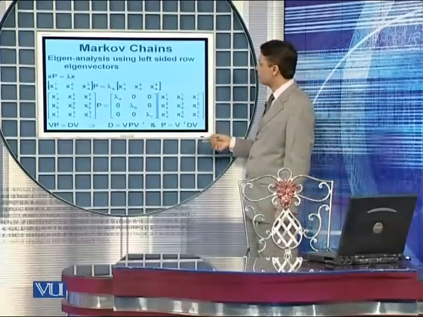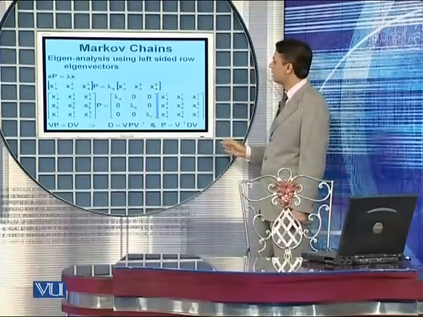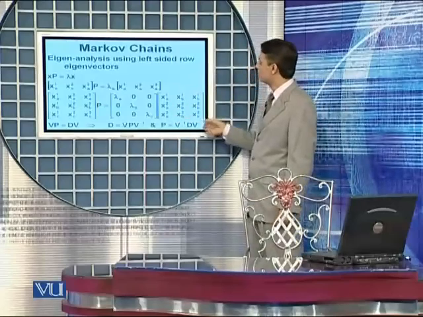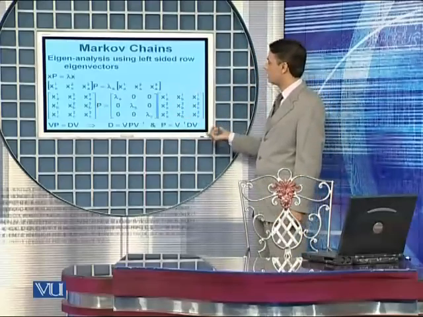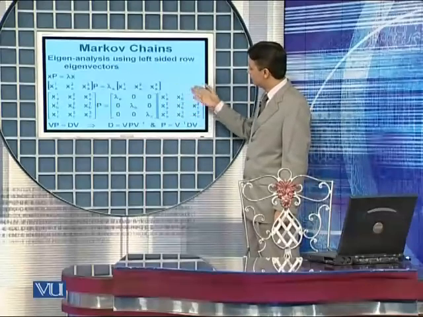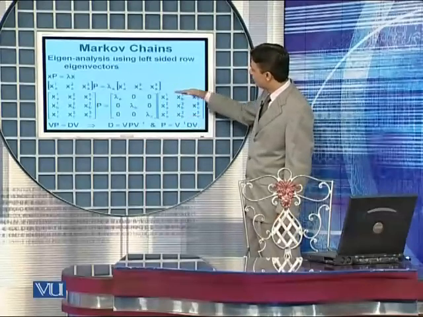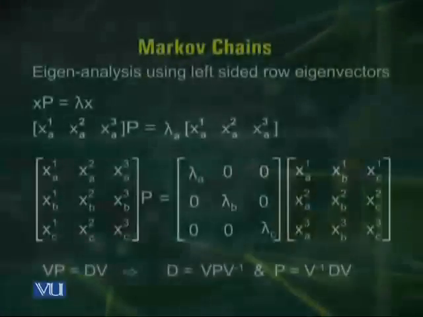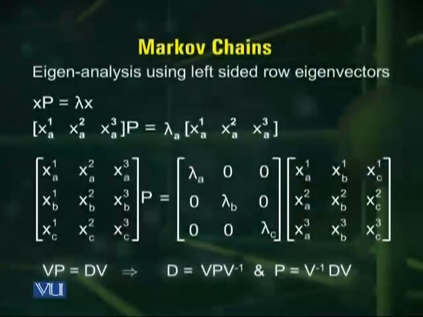Furthermore, in the case of right-handed eigenanalysis, this V was column vectors put side by side. In case of left-handed eigenanalysis, this matrix V is rows, the eigenvectors being represented as rows put one above the other.